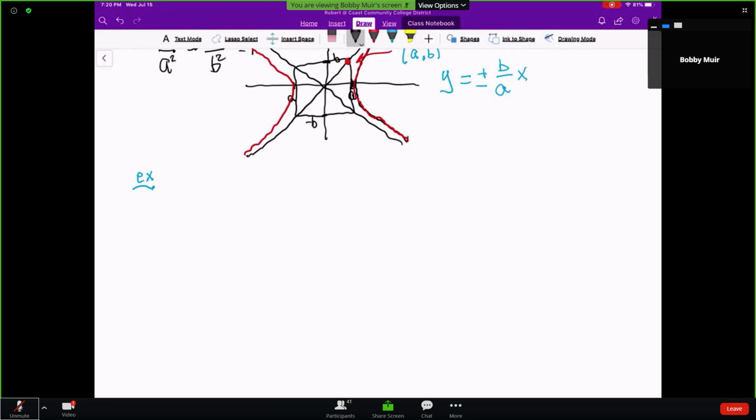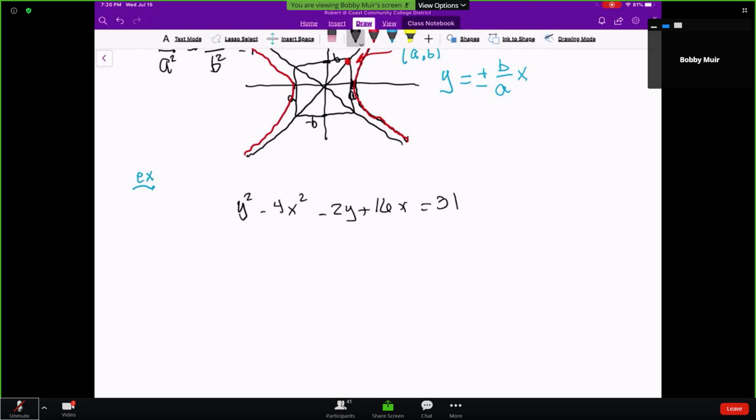Okay, so let's try this example. I'm going to try to figure out everything there is to know about this one. So I've got y squared minus 4x squared minus 2y plus 16x equals 31.